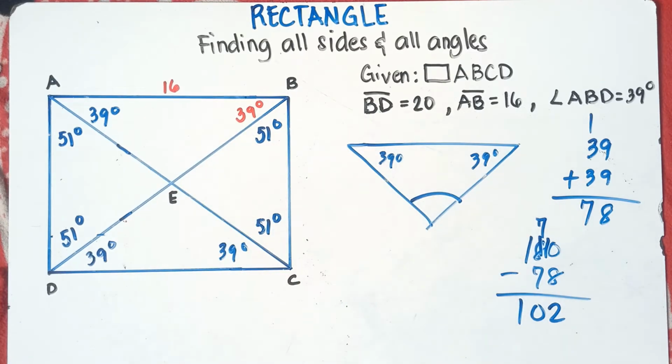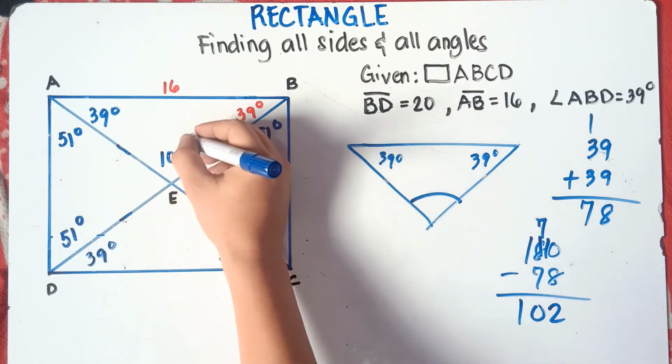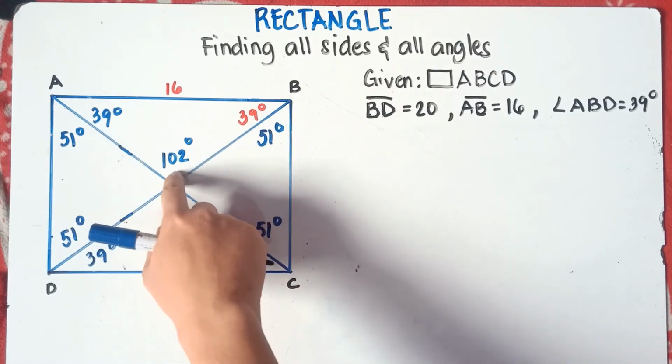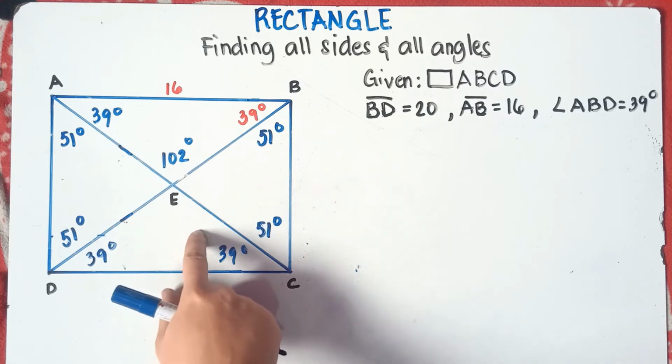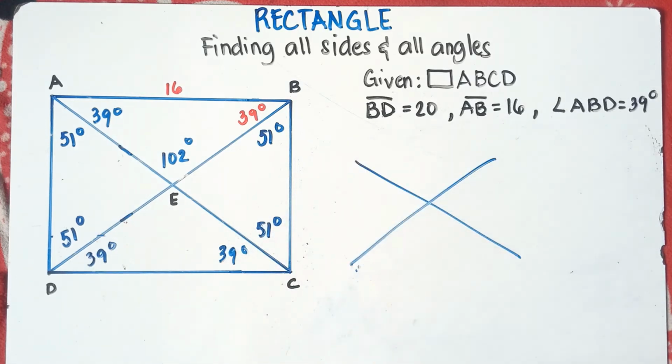So this will be 102 degrees. If this is 102, this is also 102 degrees. Why is that, sir? Because vertical angles are congruent. What do you mean by vertical angles, sir? If you have two lines that intersect each other, class, they form vertical angles.